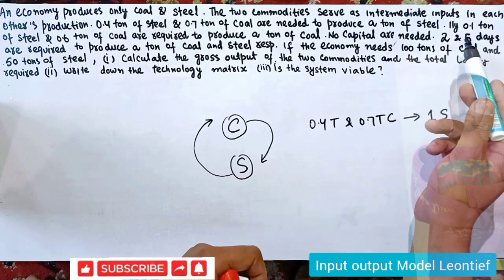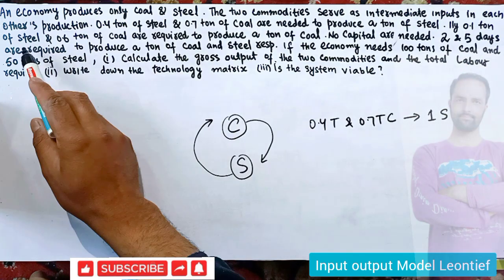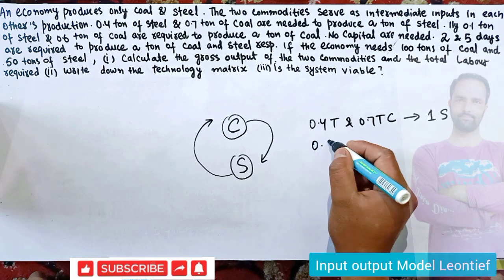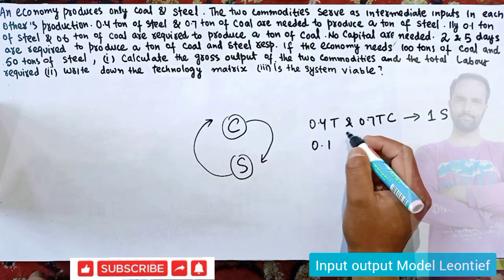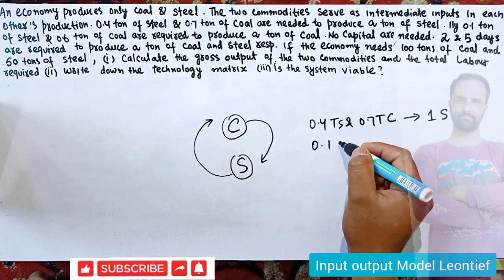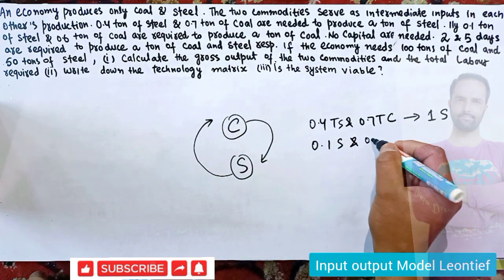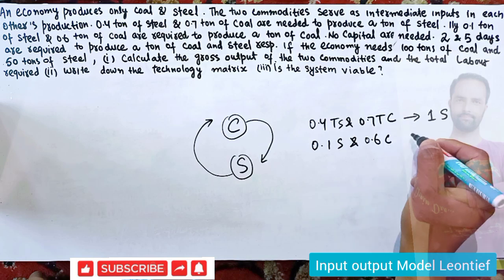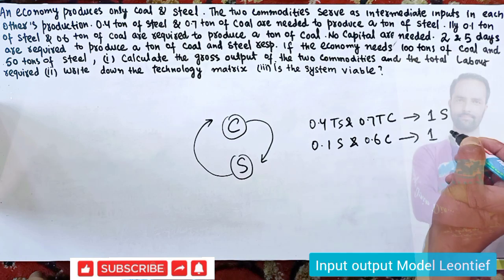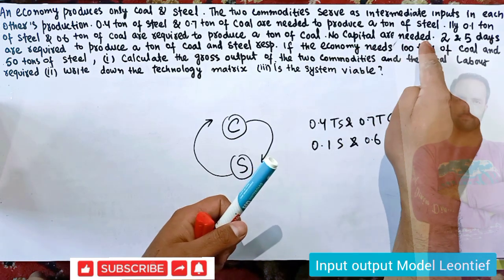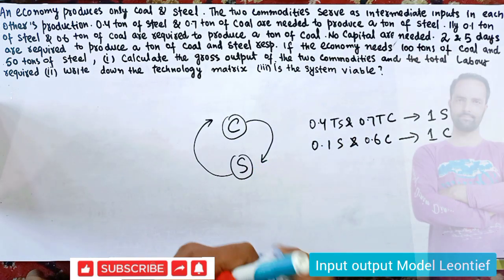Okay, similarly 0.1 ton of steel and 0.6 ton of coal are used to produce 1 ton of coal. Okay, also no capital is needed, so we don't need capital.